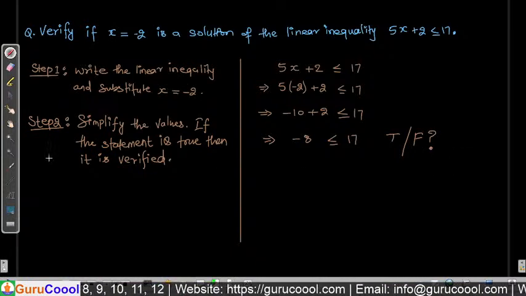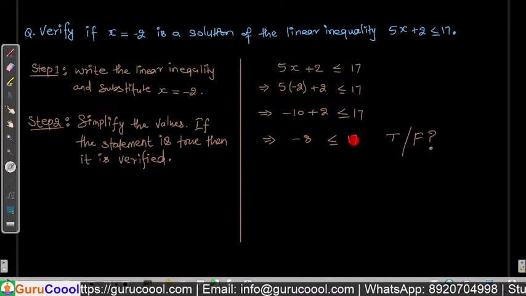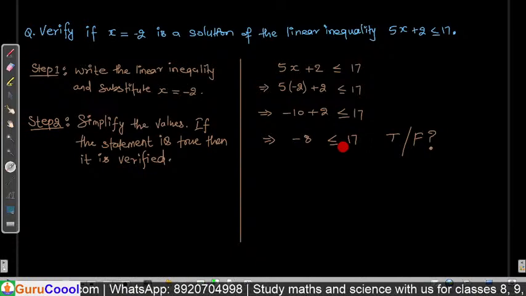Why false? Minus 8 is not smaller than 17? It is telling minus 8 is smaller than or equal to 17.